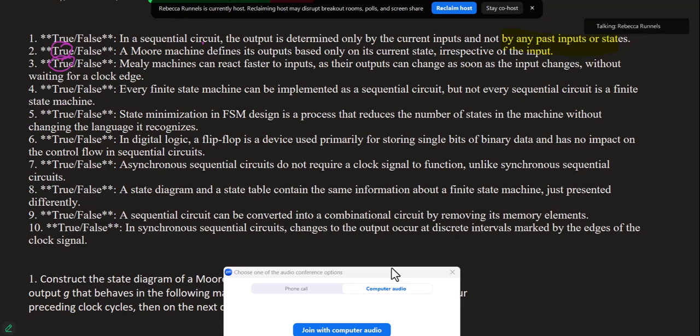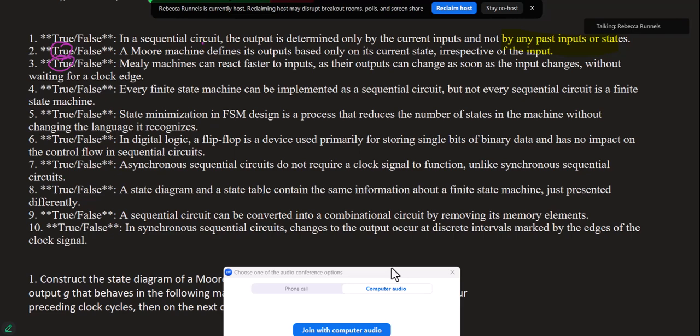Mm-hmm. So the project that y'all just did, before you saw the new state, what did you have to do? So you flip the switches, and then you press the clock button, and then you see the new state. Okay, so a Mealy machine, the new state happens a clock cycle sooner, because it uses the current inputs, not the inputs from the time before.